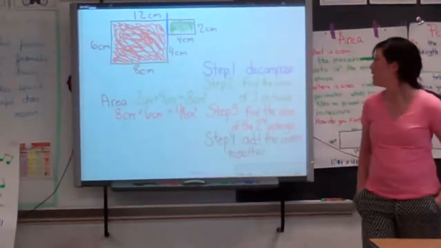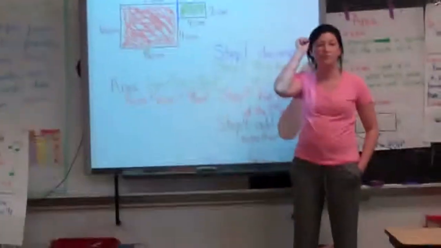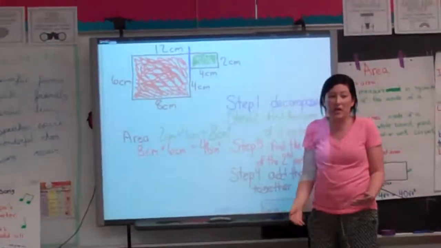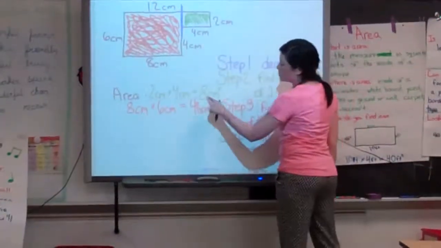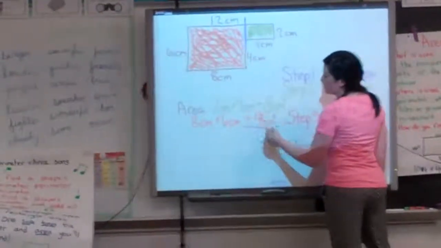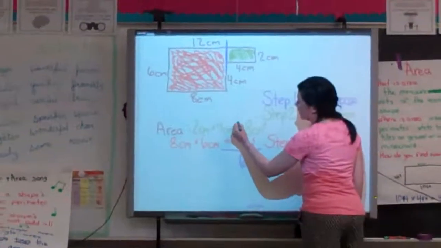So now I have the area of my small rectangle and the area of my large rectangle. I'm just going to add those two together. So I'm going to do 8 plus 48. What's 8 plus 8? 16. Got to carry my 10.